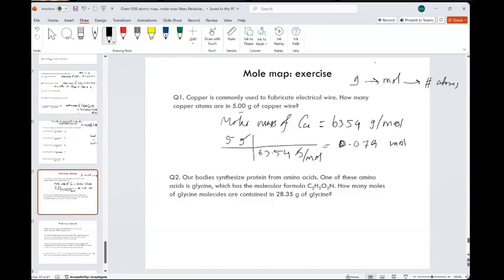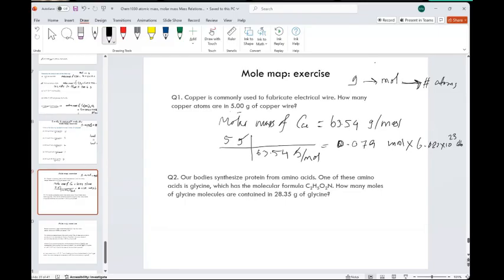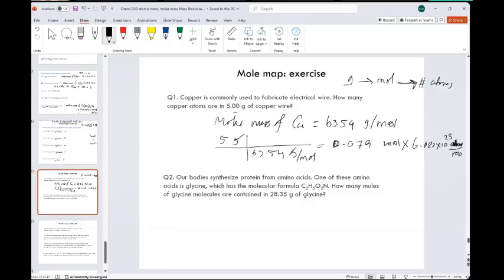But we need to convert again mole to number of atoms. So multiply with Avogadro number, 6.022 10 to the power 23 per mole. Atom per mole.